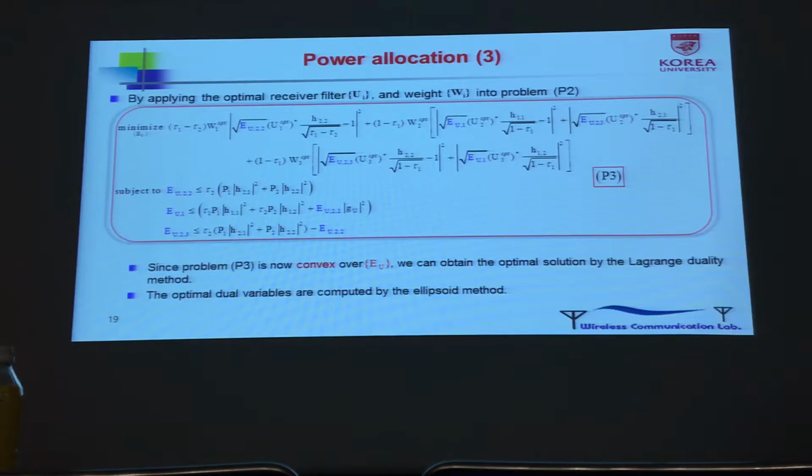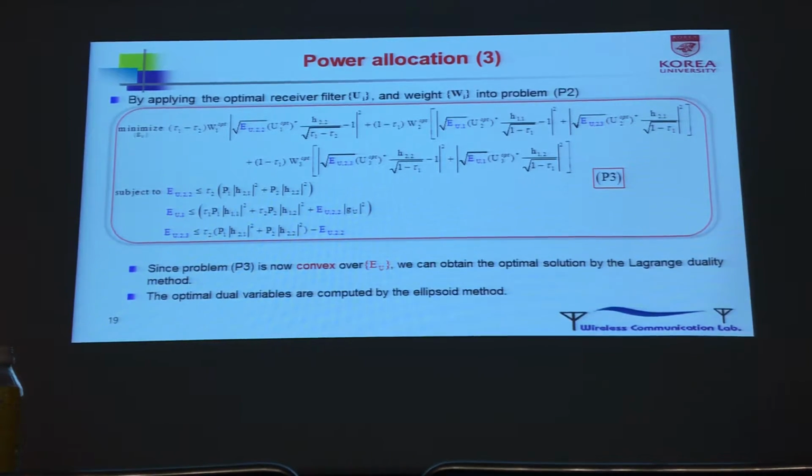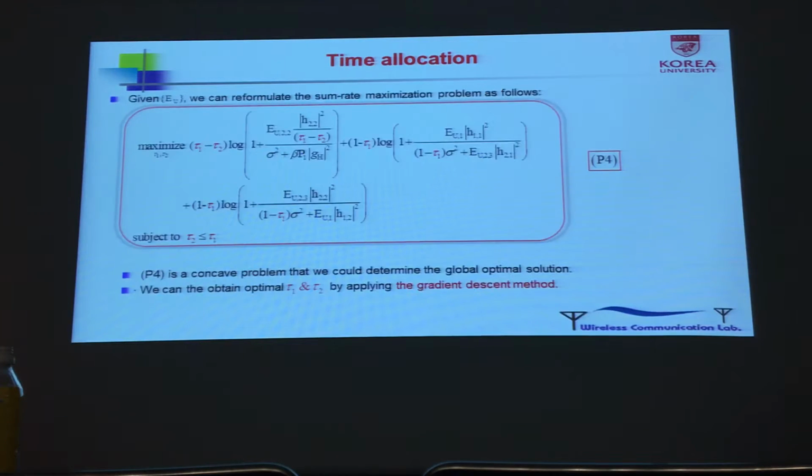After converting, the original problem is transformed into a convex problem, and a convex problem is much easier to handle. So this problem can be solved by applying the well-known Lagrange dual method.